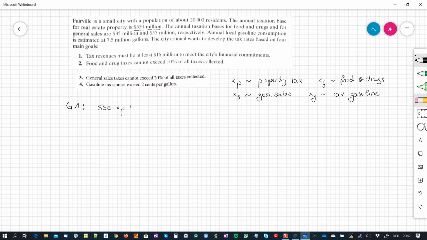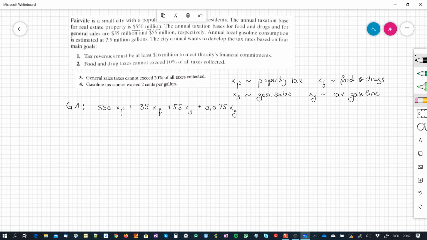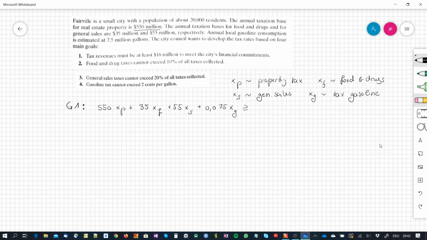So it's 550 XP, 35 XF for food and drugs, plus 55 XS for general sales. And then we have 0.075 for the gasoline. And these need to exceed together $16 million. That looks already good as a constraint.